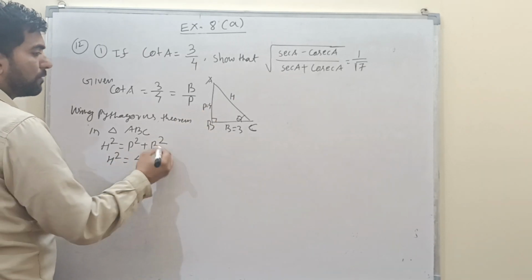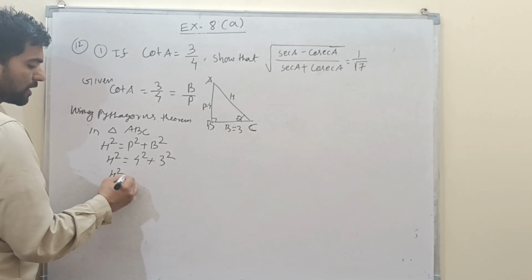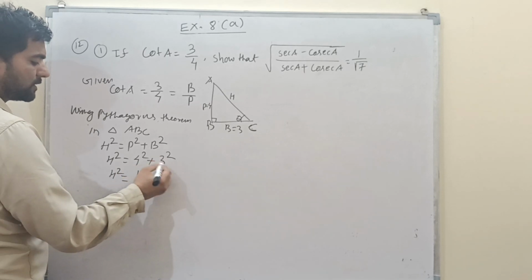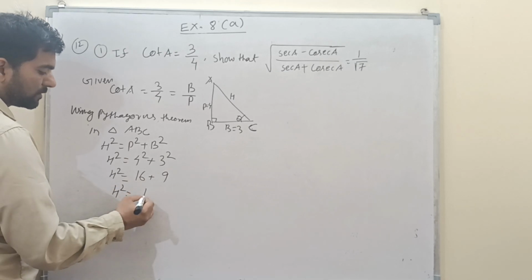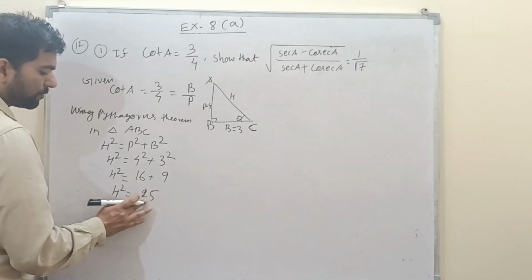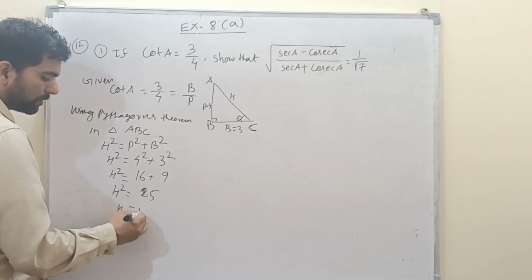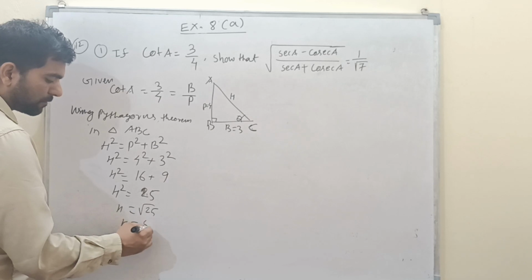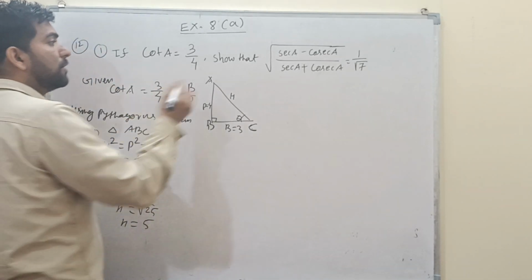B is 3, so we'll write 3 square. So h square will be 4 square, which is 16, plus 3 square, which is 9. So h square will be 16 plus 9, it will be 25. The square will go to that side, so it will be root over 25. So root 25 will be nothing but 5.